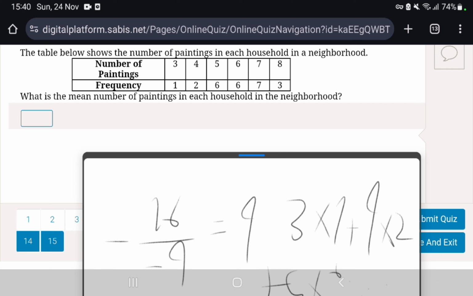So then we do 3 times 1 plus 4 times 2 plus 5 times 6 plus 6 times 6 plus 7 times 7 plus 8 times 3 divided by 25, which will give us 6.